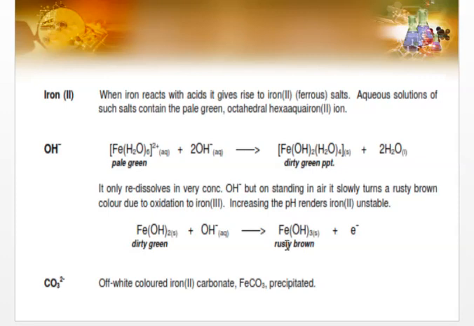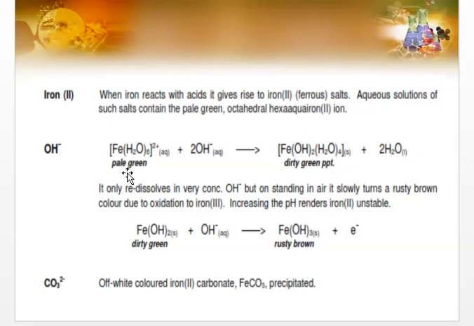When iron reacts with acids, it gives rise to iron(II), ferrous, salts. Aqueous solutions of such salts contain the pale green octahedral hexaaquairon(II) ion.